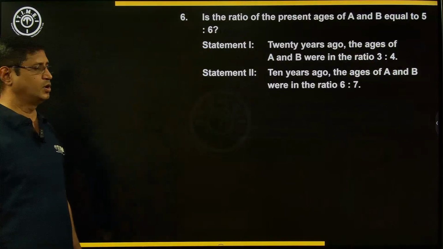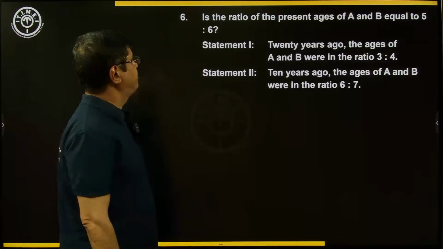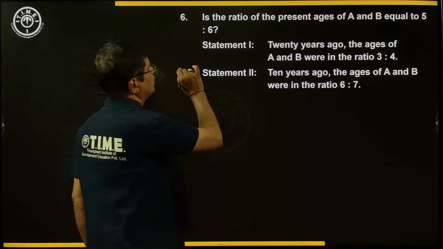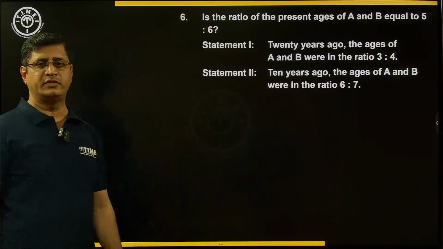Look at the next example on your screen. Is the ratio of the present ages of A and B equal to 5:6?